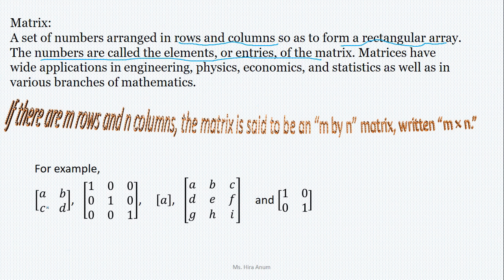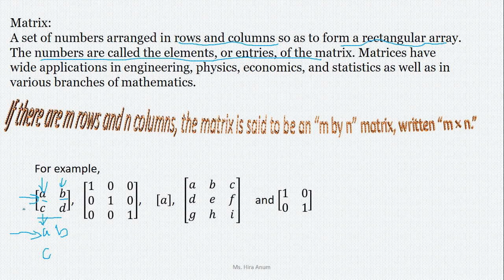You can see this is a set which is arranged in rows and arranged in columns. A and B is a row because it is horizontal, but A and C is a column. It is vertical. AC is one column and BD is the second column.